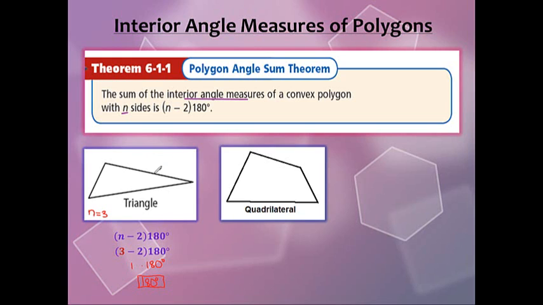Let's use this formula for a quadrilateral. In a quadrilateral, we have 4 sides, so n is 4. So using our formula, substituting 4 for n, 4 minus 2 is 2, so I have 2 times 180 degrees, which is 360 degrees.